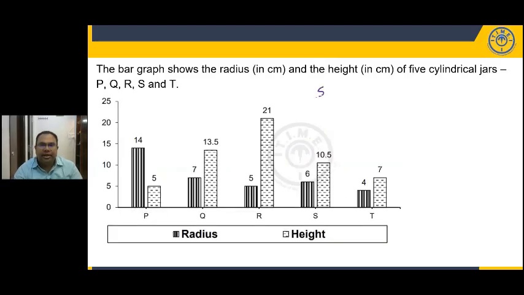This is your SBI Clerk main exam 2020. Just go through this one. Then I'll give you time to solve the questions.